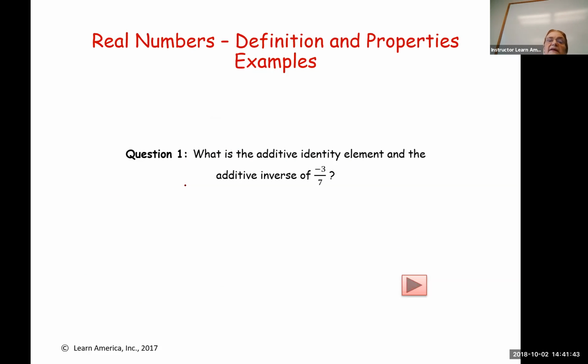Okay. So now let's take a look at some problems involving using the real numbers. First question: what is the additive identity element and the additive inverse of the number negative 3 over 7?